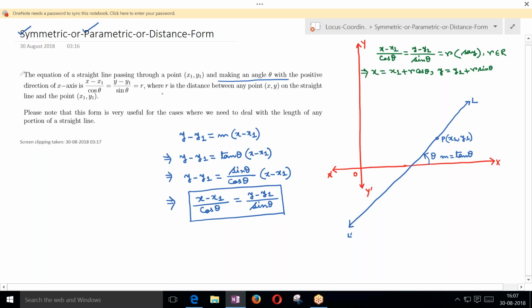R is the distance between any point (x, y) on the straight line and the point (x1, y1). That means if we consider any arbitrary point here, suppose A, with coordinates (x, y), then this distance AP is actually r.